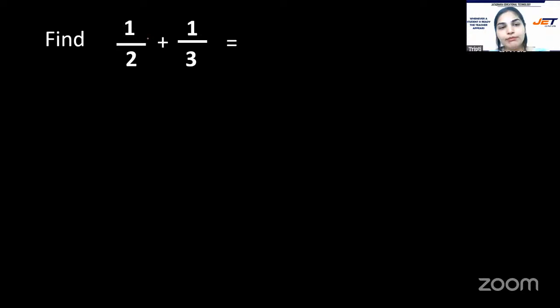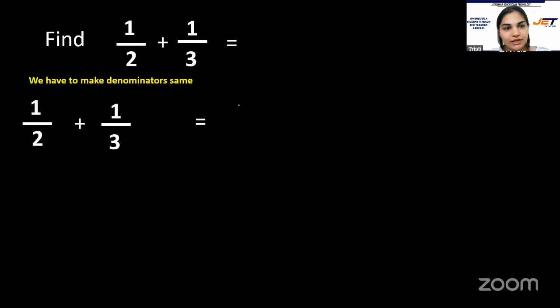And how we can make them like is, look, by making the denominator same. 1 by 2 plus 1 by 3. I will multiply the first fraction with the denominator of the second fraction and multiply the second fraction with the denominator of the first fraction.